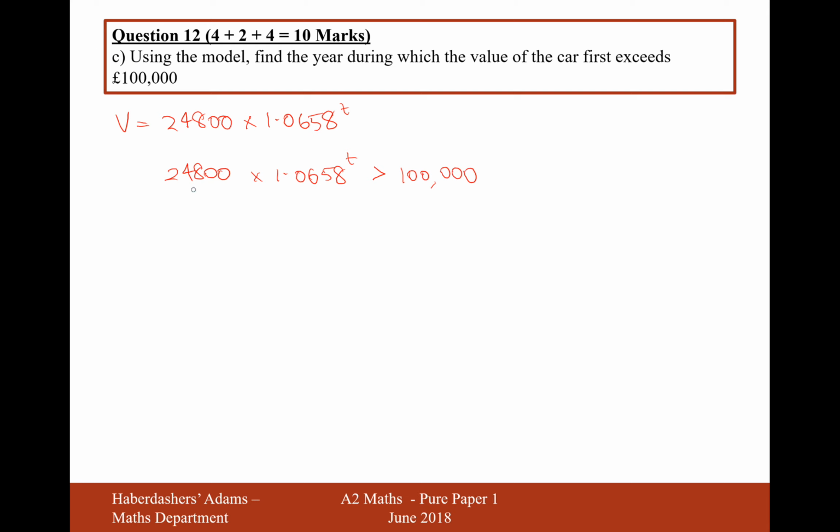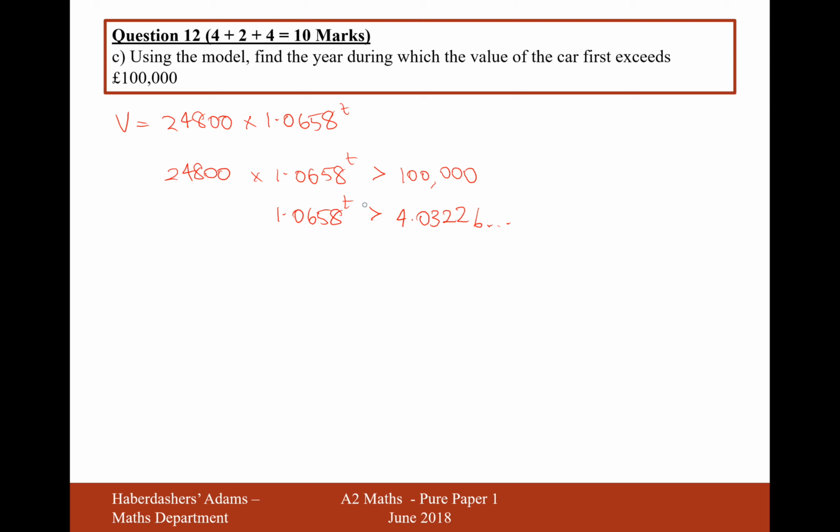The first thing we'll do is divide by 24,800, so 100,000 divided by 24,800, and we get 1.0658 to the power of t is greater than, as a decimal, 4.03226, basically. That carries on and on and on.